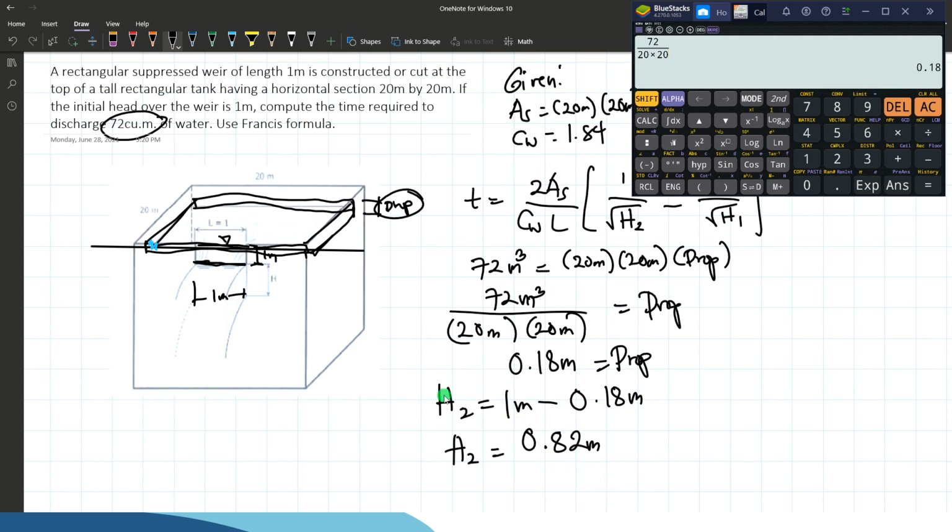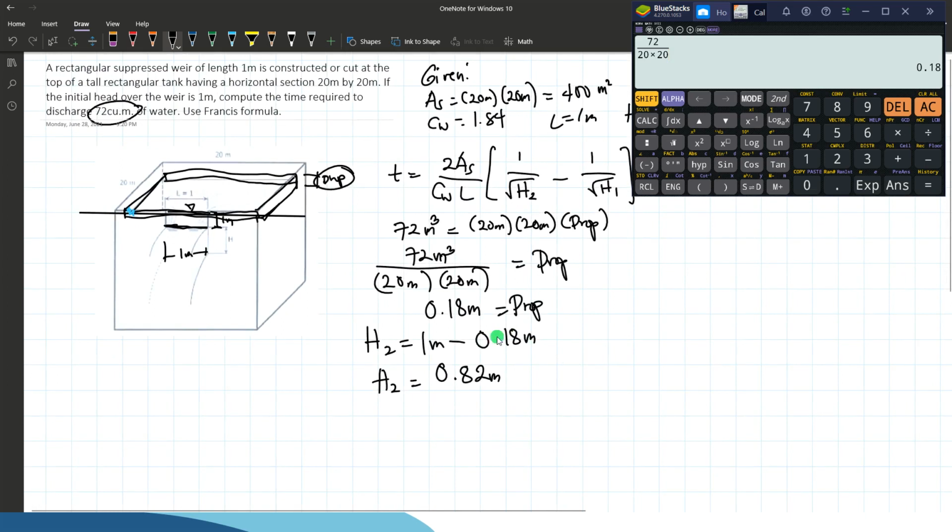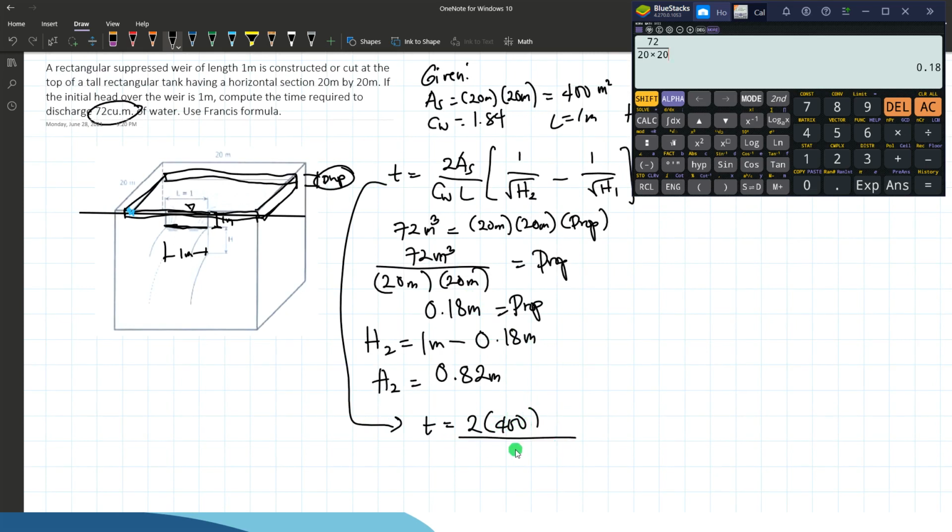Okay, now let's substitute all those values here. T is equal to 2 times surface area 400 over C W 1.84. L is 1, the crest length, and we have 1 over the square root of H2 0.82 minus 1 over the square root of 1 for H1.